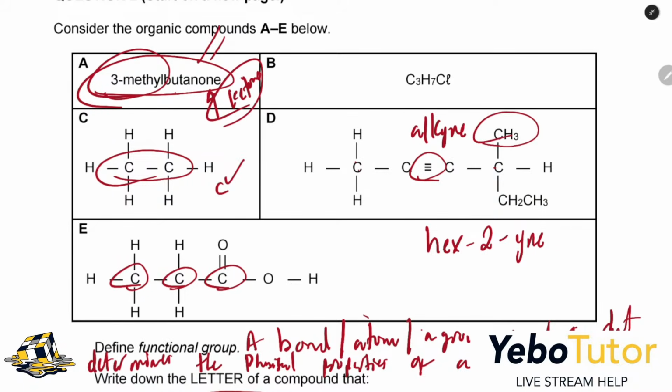So you can see we have 1 here, and it's in position number 4. 1 2 3 4, we have that. We also have this other one as well, so we're going to say this is 4-methylhex-2-yne. So this will be our correct answer.